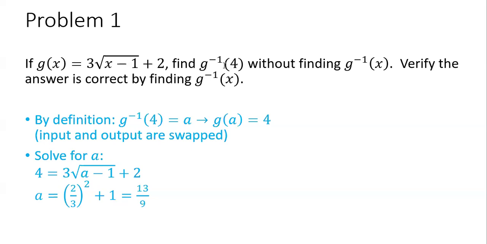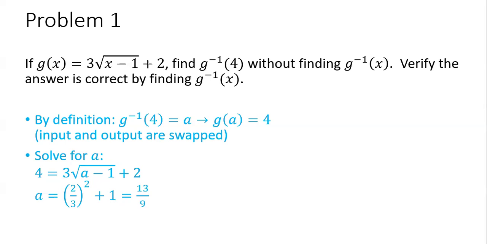So essentially, this is the input for g inverse, so we want it to be the output of g. So set this equation equal to 4. That's what I did here, and instead of x, I called it a. So a should be 13 over 9 if we do the math.